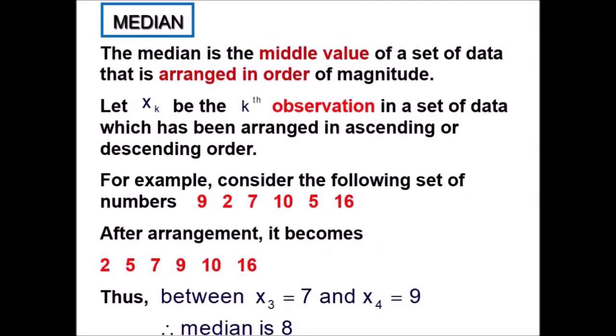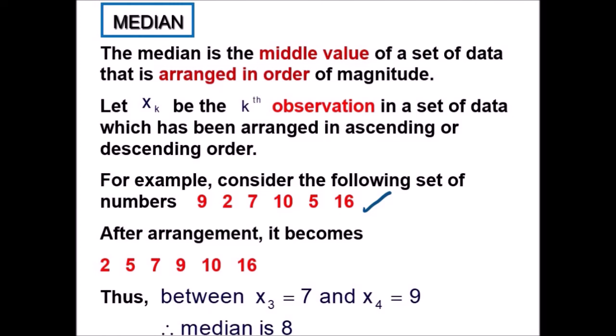Now we want to find the median. The median is the middle value of a set of data that is arranged in order of magnitude. For ungrouped data, when we have a set of numbers, what we should do first is rearrange the data. Here, as we can see, 9, 7, 10 until 16 is not in ascending order, so we have to arrange it first.